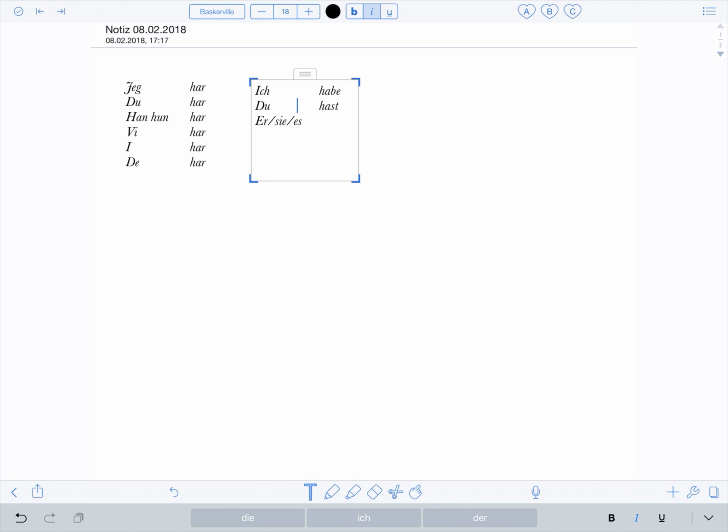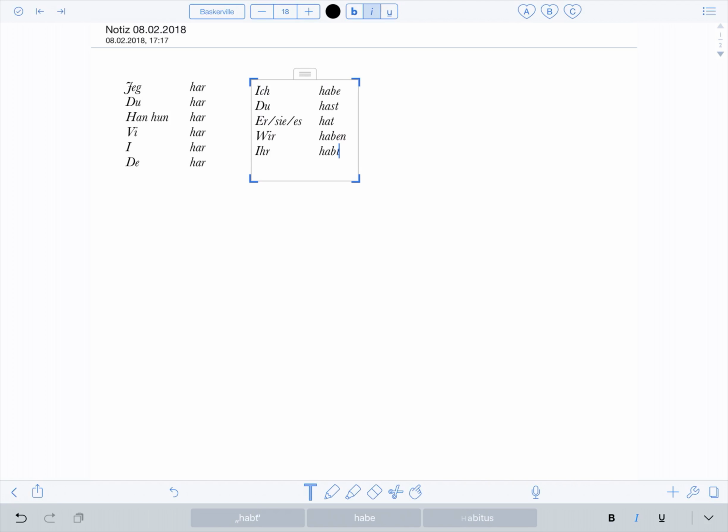So that's 3 inflections. In Danish you have no inflections at all. Well, yeah, har is a kind of an inflection, but it's the same inflection in all 3 persons, plural as well as singular.